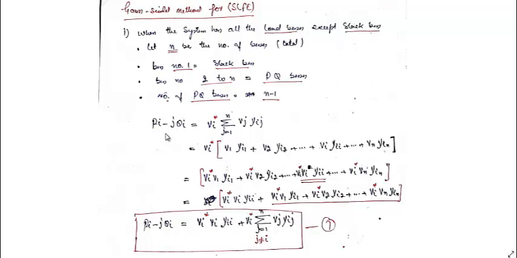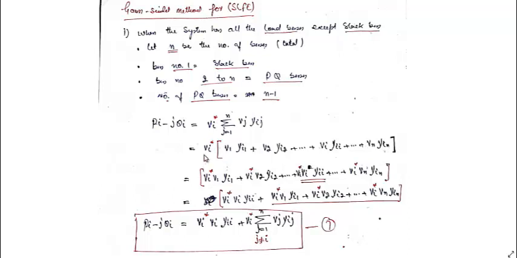So I write down the equation again, that is Pi minus jQi will be equal to Vi star summation j equal to 1 to n of Vj Yij. So when I open this up, it will be equal to V1 Yi1, because j will change, this i will not change, it will remain as it is. So V2 Yi2 plus, when j is equal to i, Vi Yii, plus up to Vn Yin.